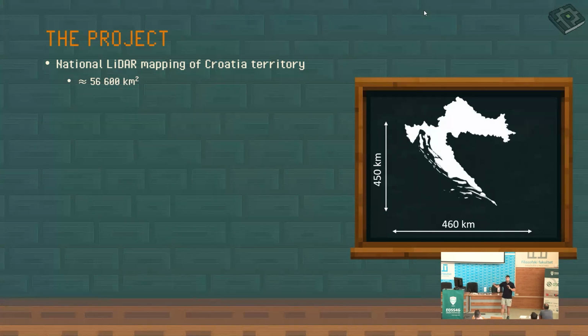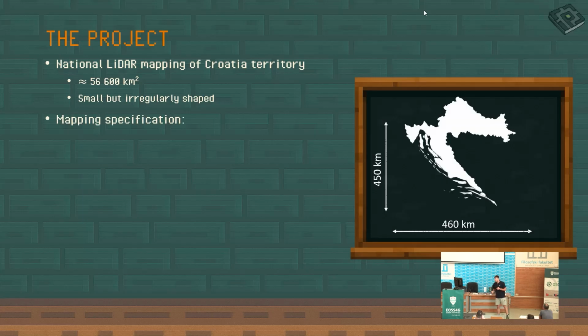So the shape of Croatia is not simple, it's not compact, it's quite irregular. That was what made it difficult, not necessarily the area of the country.